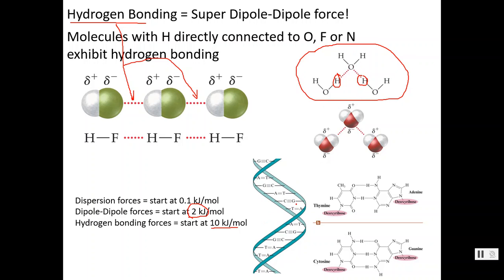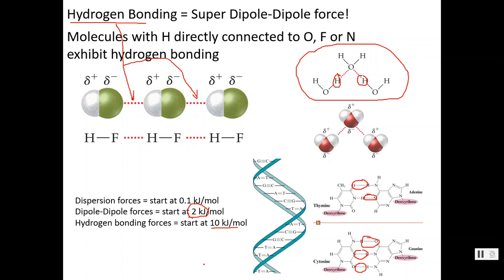If you go on in chemistry or biology, you'll learn about the structure of DNA. DNA is a molecule that has 2 separate strands, and those strands are actually held together by hydrogen bonding that happens in certain areas of the molecule.